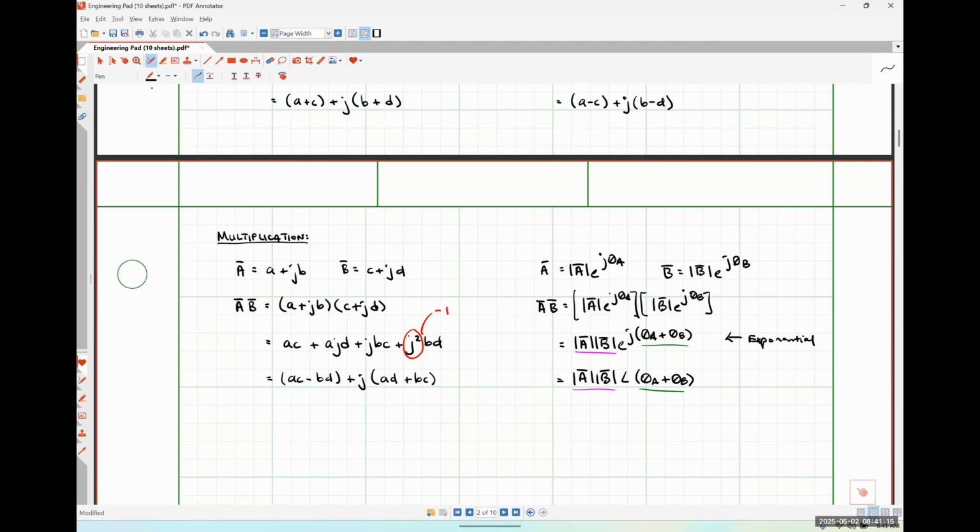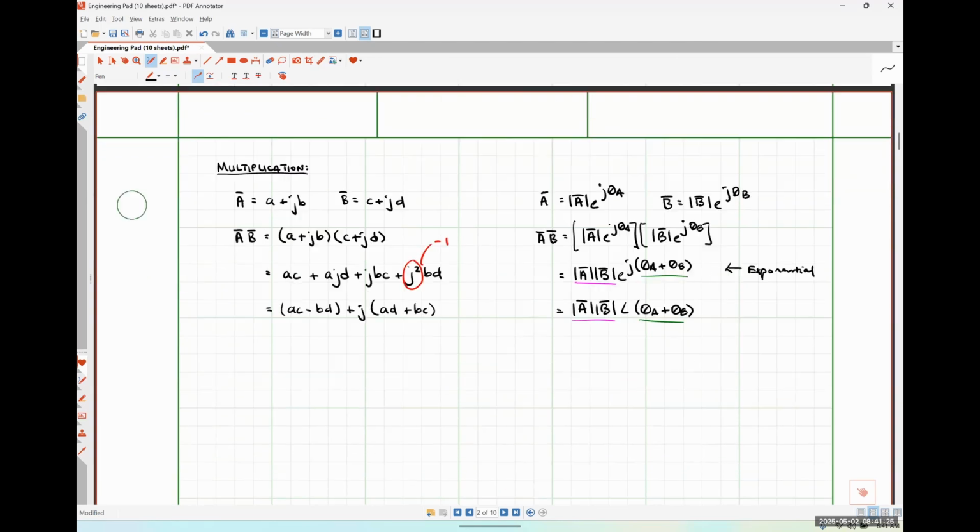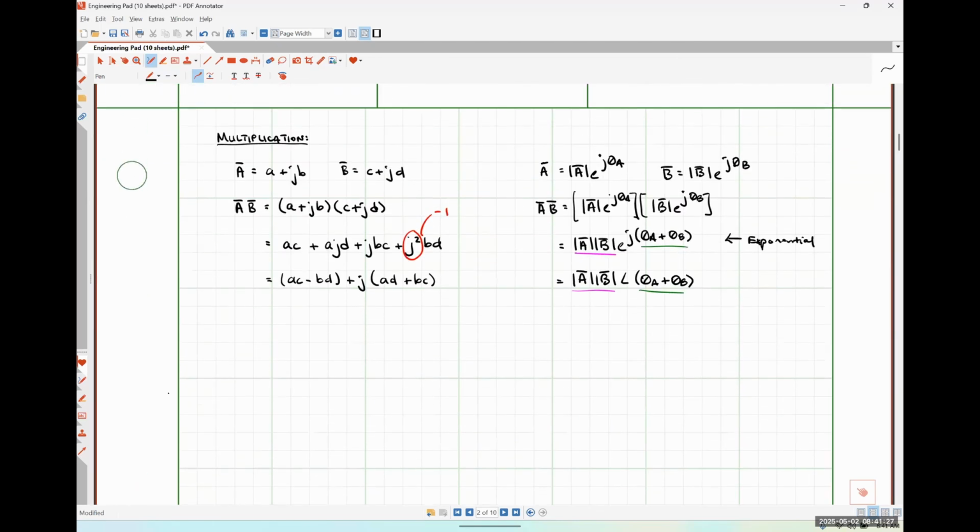Any other questions about multiplication? All right, so division using rectangular form complex numbers is interesting to say the least. At least interesting to me. You guys are going to hate it.